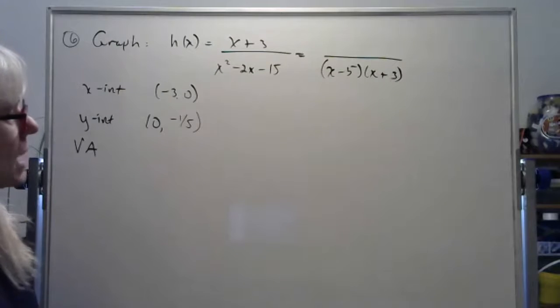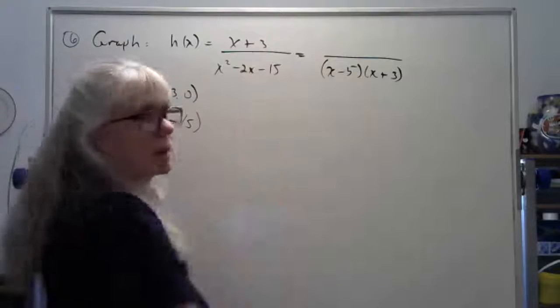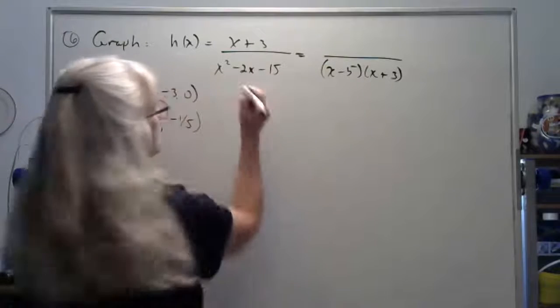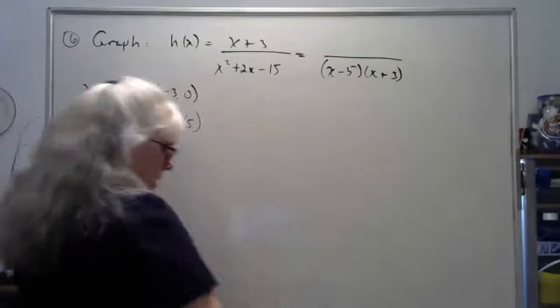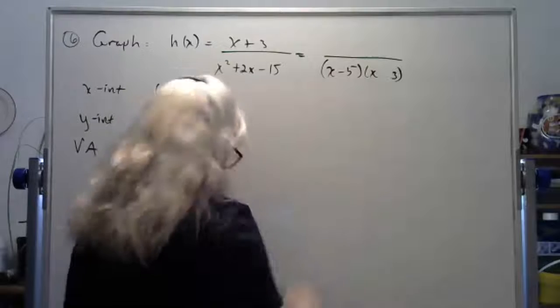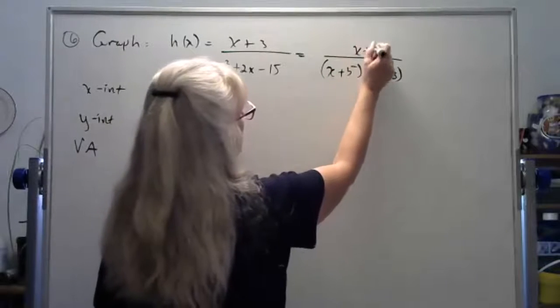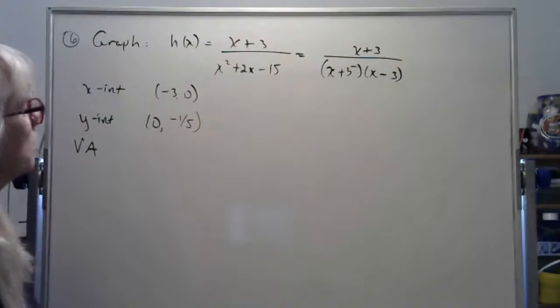Factors of 15 that subtract to 2 are 5 and 3. And you see that this factor is the same as the one in the numerator. That creates a hole, and I would not do that to you on an exam. So what I'm going to do is make that a positive 2. It does not change either of these pieces of information. It is going to change the sign on that factoring and make everything work. So x plus 5, x minus 3, and an x plus 3 in the numerator. So that takes care of it. Just make it a plus 2x, and then we're good to go.